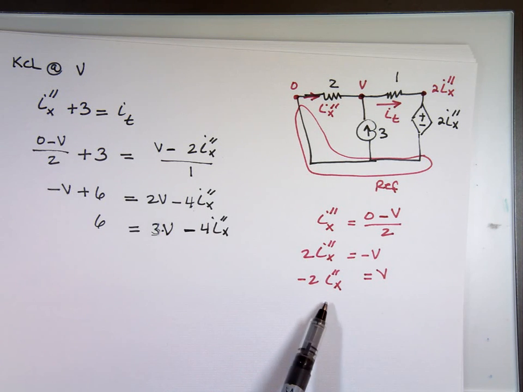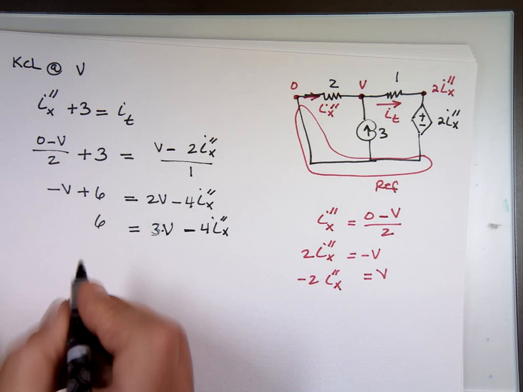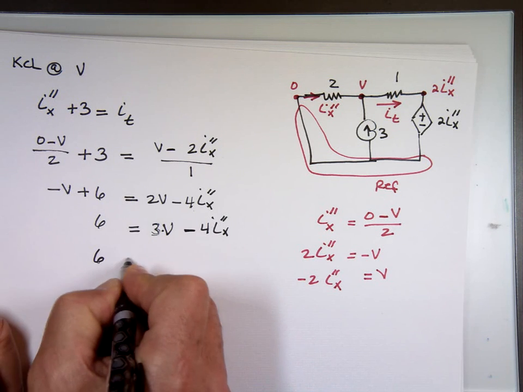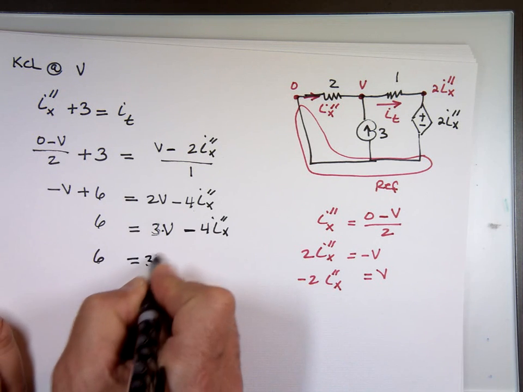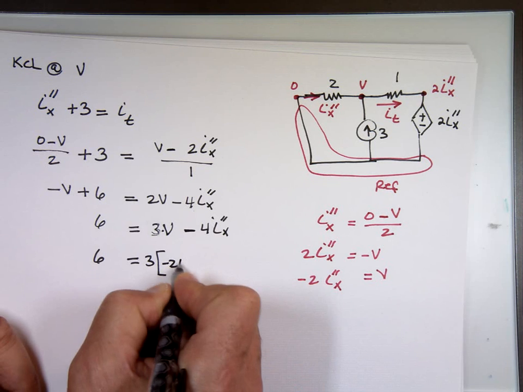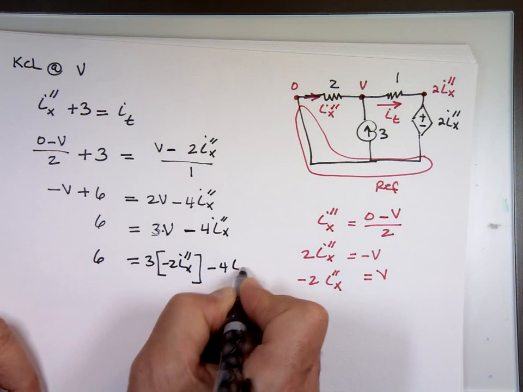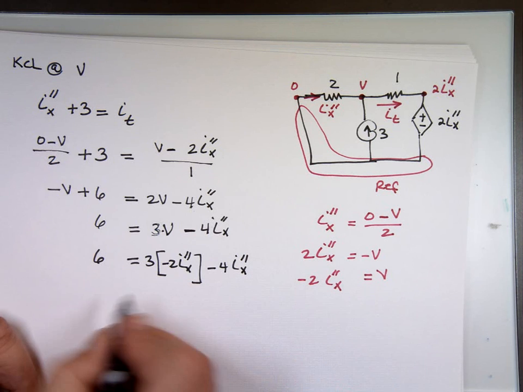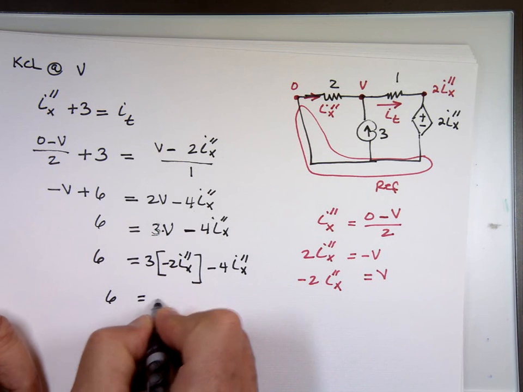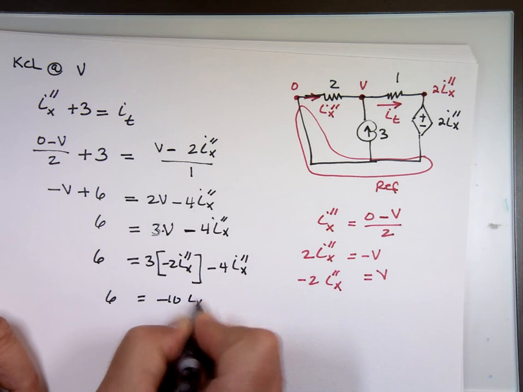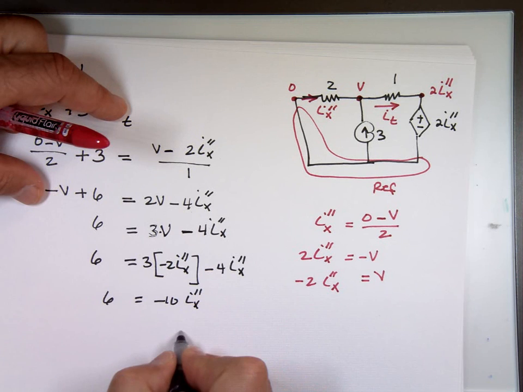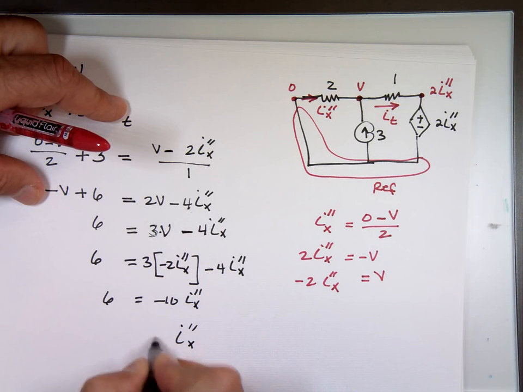Now if you do that substitution here, 3 times instead of V, that's negative 2 I sub x double bar, negative 4 I sub x double bar, negative 10 I sub x double bar. What's I sub x double bar? Is that negative 0.6?